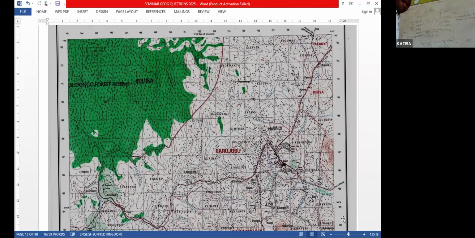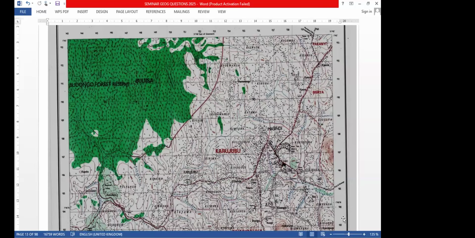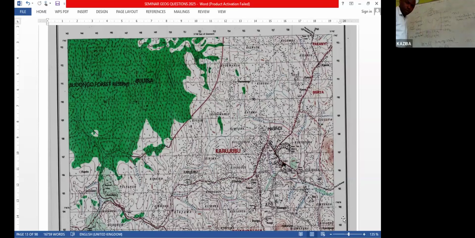Then you say vertical exaggeration is equal to 1, 2. Now, if the units are in feet, you multiply by 30. If the units are in meters, you multiply by 100. Let me repeat.